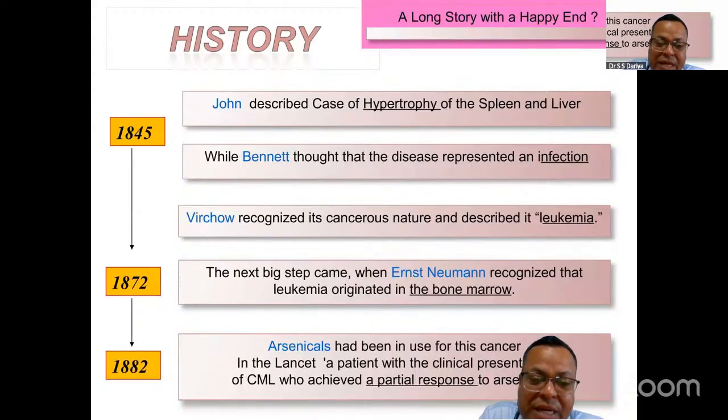The next big step came in 1872, when Ernst Neumann recognized that leukemia originated in the bone marrow. And in 1882, arsenic was in use for this cancer, reported in the Lancet with the clinical presentation of CML.